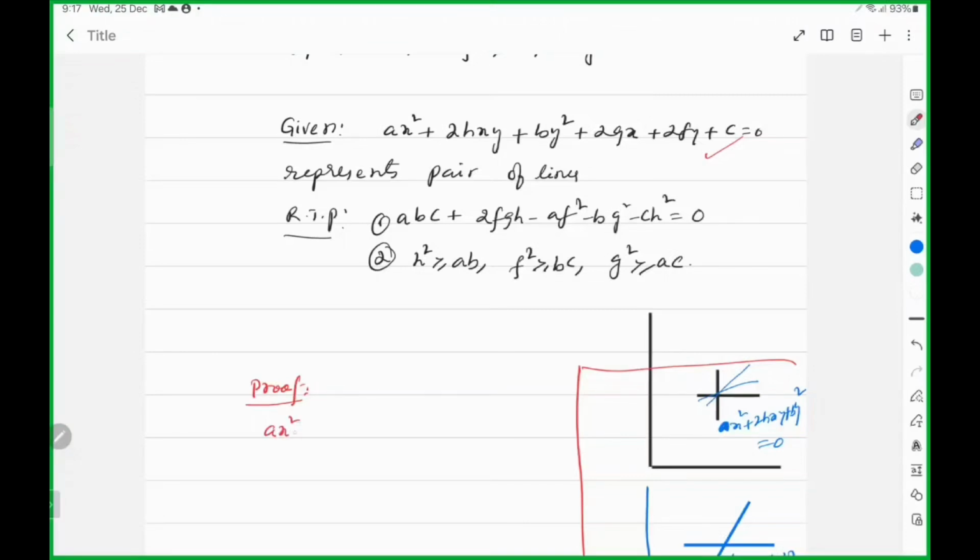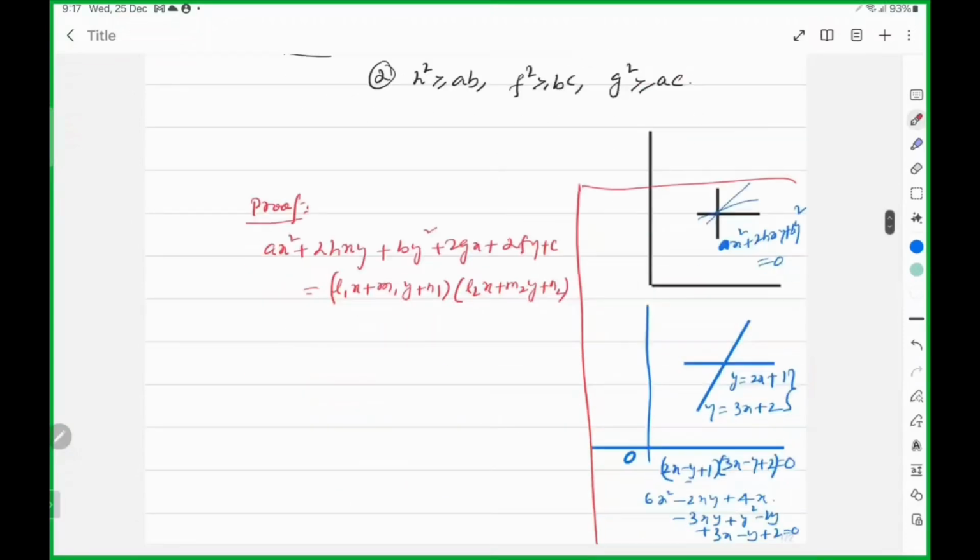So this expression, if it represents a pair of lines, one line in general equation form is L1x + M1y + N1, the other L2x + M2y + N2.